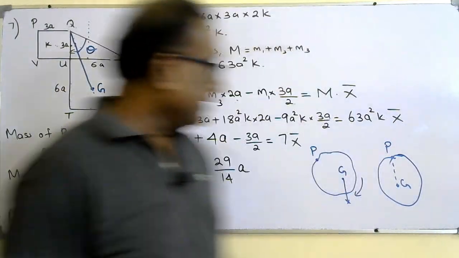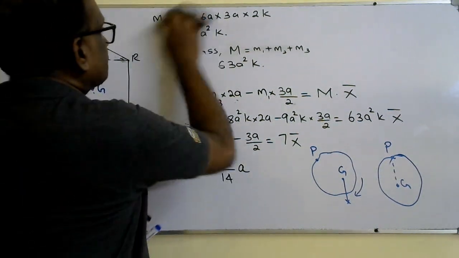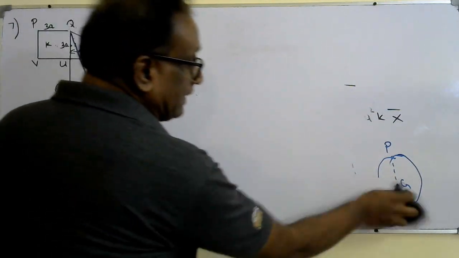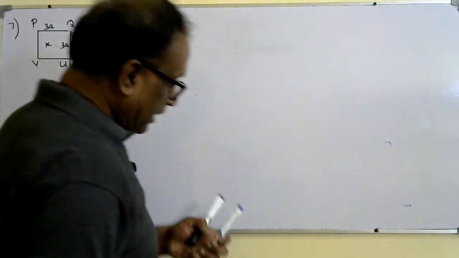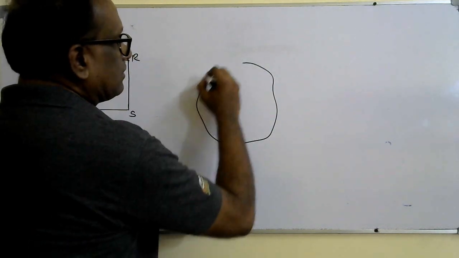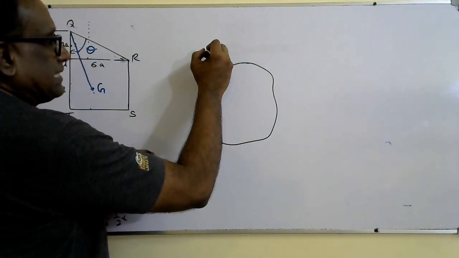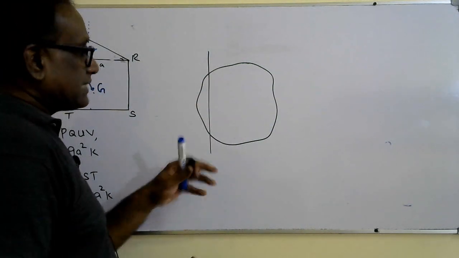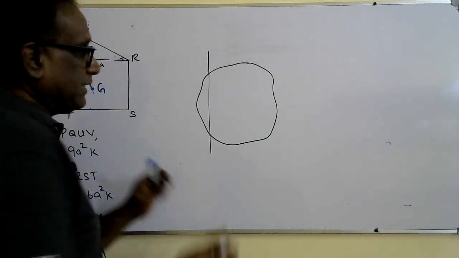Okay, how can I find it? Say for example, if I know the distance of the center of mass from a line, I'll just take a non-uniform object, something like this. For this object, from this line, the center of mass is at, for example, 2 centimeters from this line.